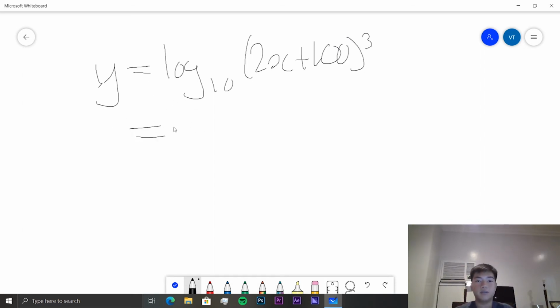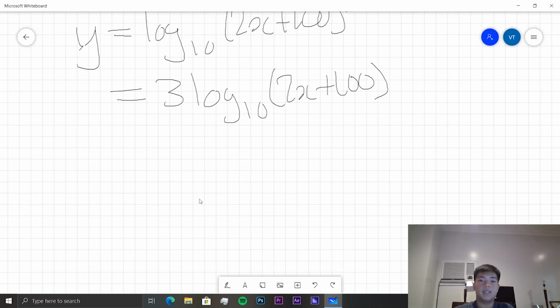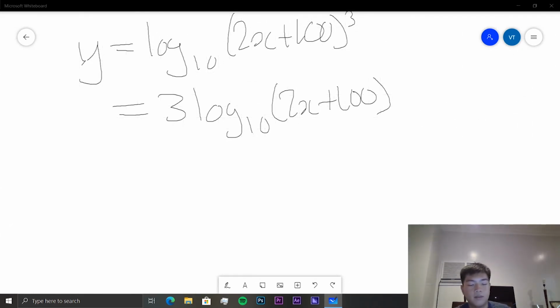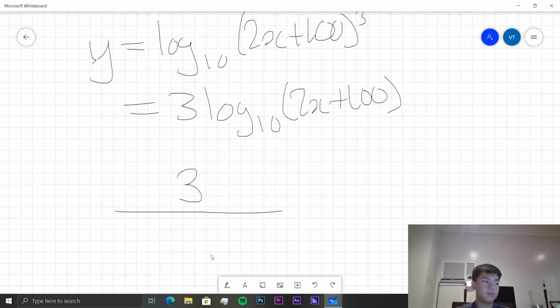So this is equal to 3 log 10 to the 2x plus 100, and then this is equal to 3 over ln b times x.